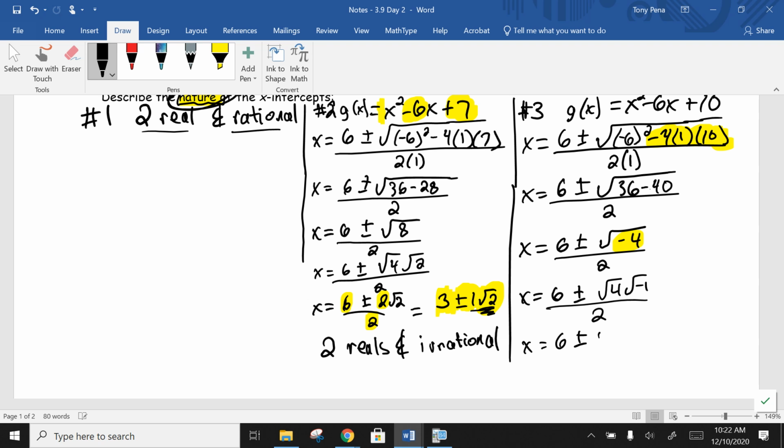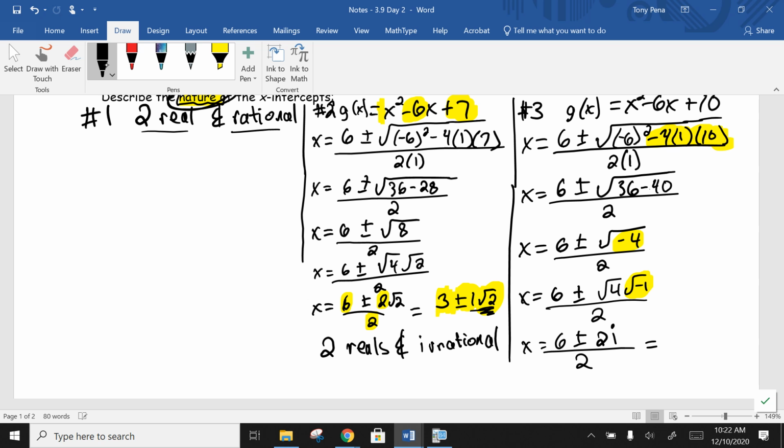We know the square root of 4 is a 2. And we also now hopefully know that the square root of a negative 1, so absolutely know this tomorrow, is what the letter i stands for. So this guy is completely simplified.